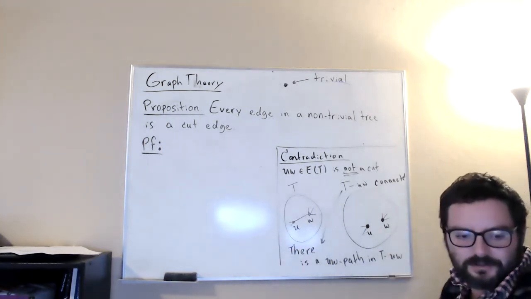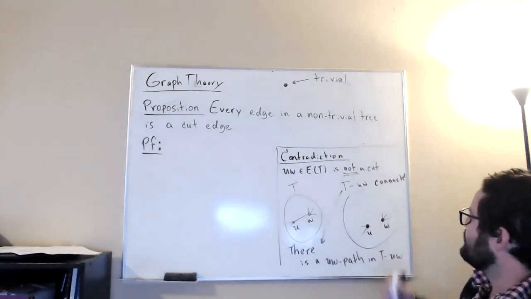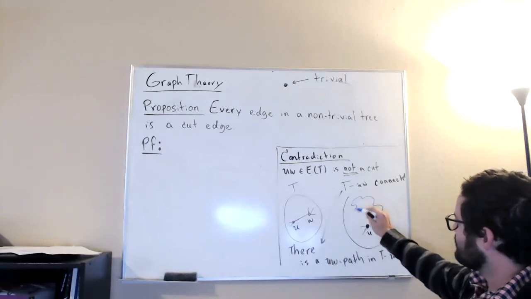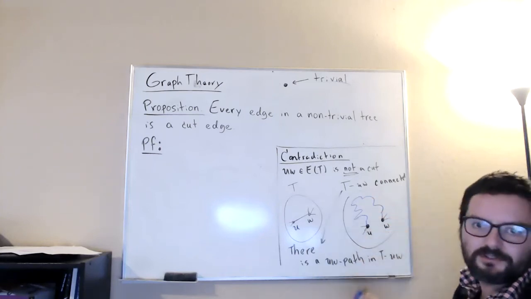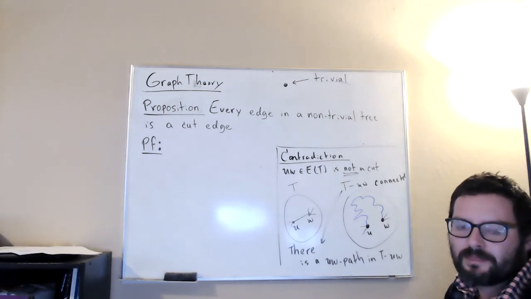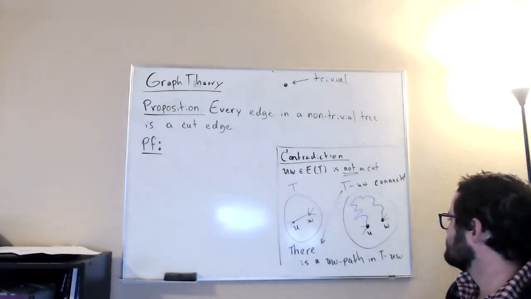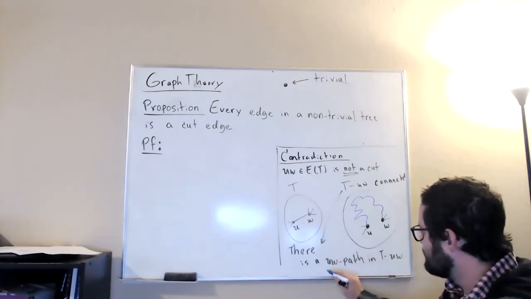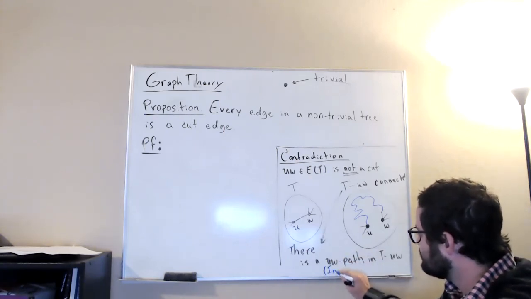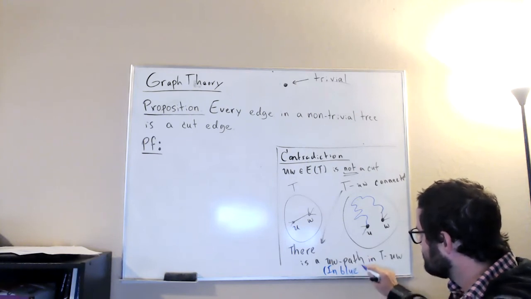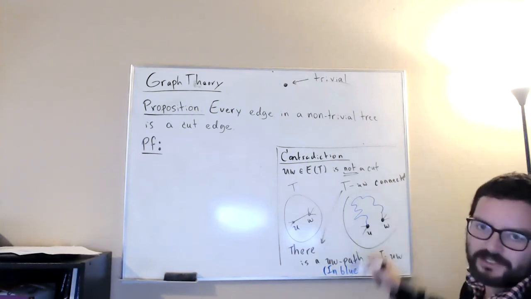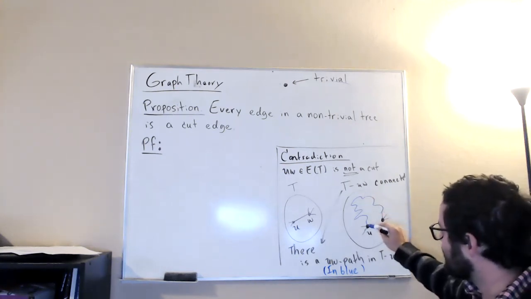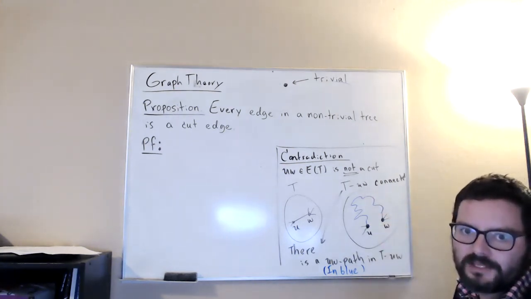So in T minus UW, there has to be a path somewhere that gets from W to U. And this UW path is in blue. If it's connected, there is some way to start at W and walk along vertices and edges and get back at U.